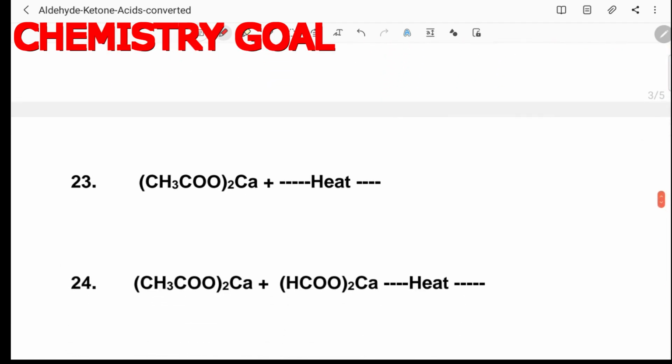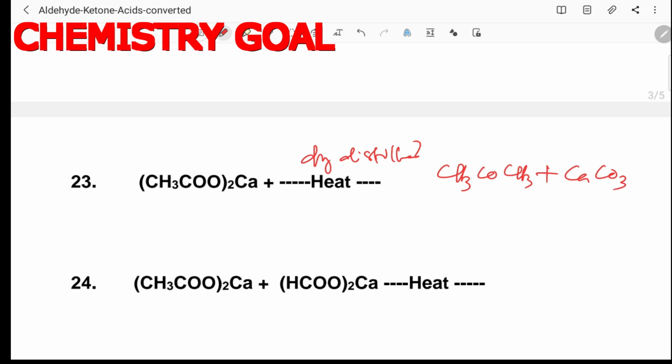Okay, then 23 is a very important reaction. When calcium salt of acid is heated, that is dry distilled, then the product is the corresponding ketone, CH3COCH3 is produced plus calcium carbonate. Result is calcium carbonate.